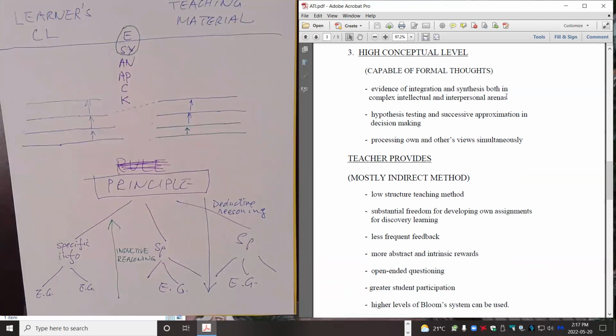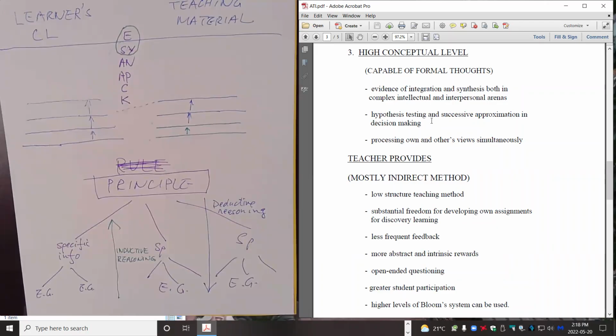Interpersonal means between people, socialization, right?